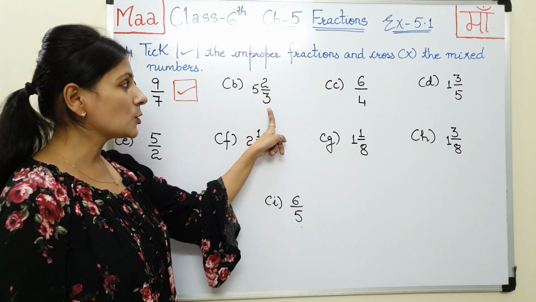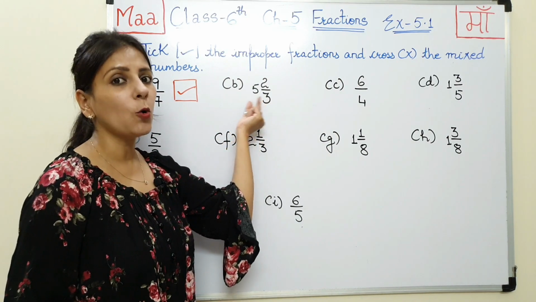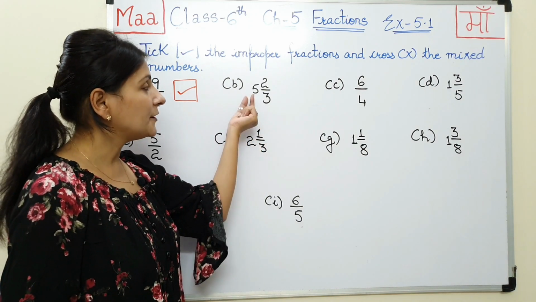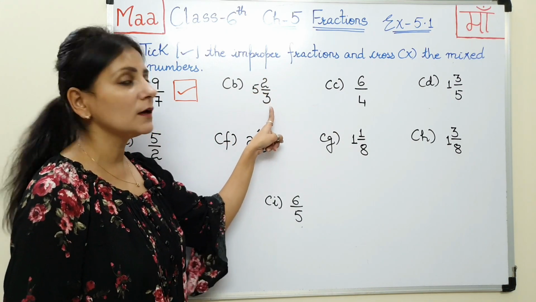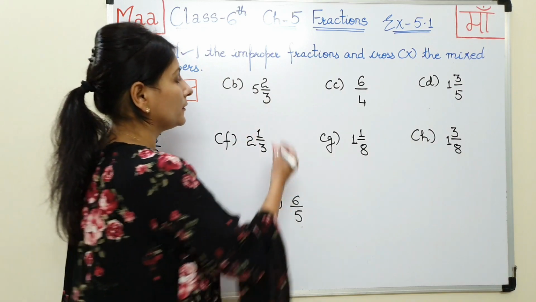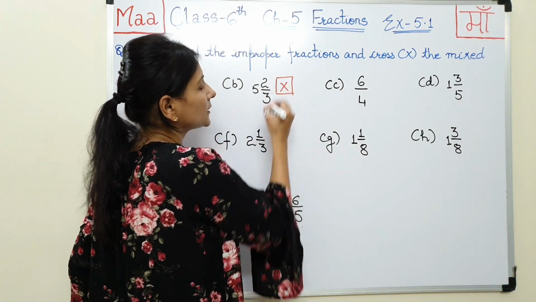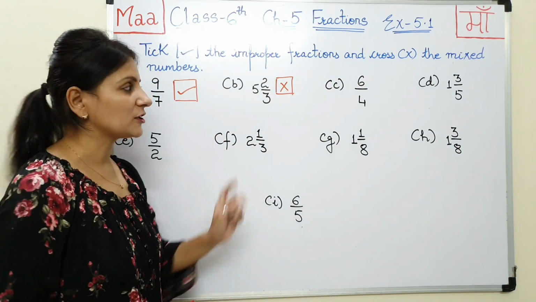Now it is the combination of a whole number and a proper fraction. ये whole number और proper fraction का combination है. आप देख सकते हो center में आ रहा है whole number 5 and then 2/3 is a proper fraction where numerator is smaller than the denominator. So this is a mixed fraction. So यहाँ पर मैं box create करके cross mark कर रही हूँ because we have to cross the mixed fraction.